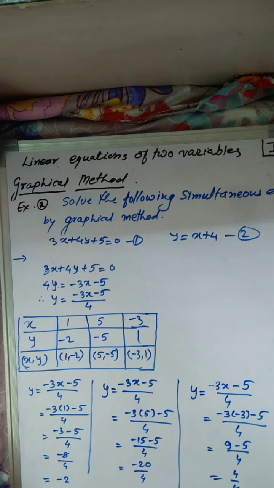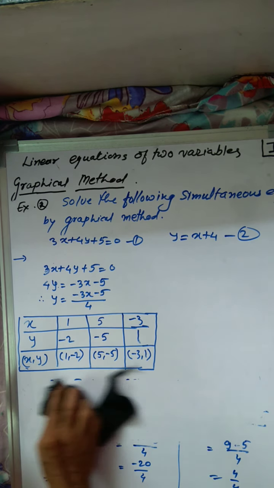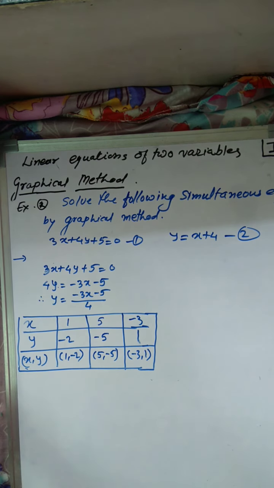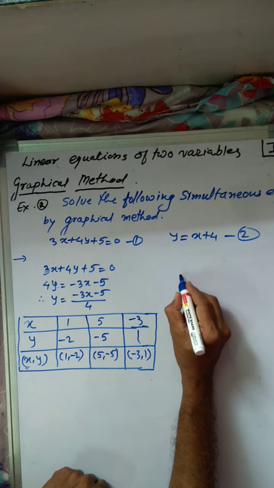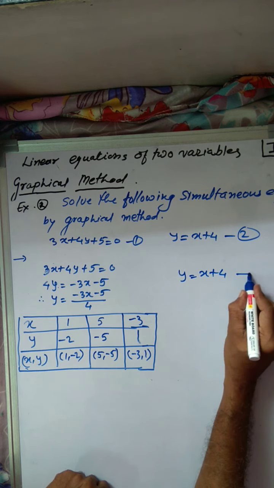Now we get the points of the second line, the second equation, that is y is equal to x plus 4. This is a simple equation.